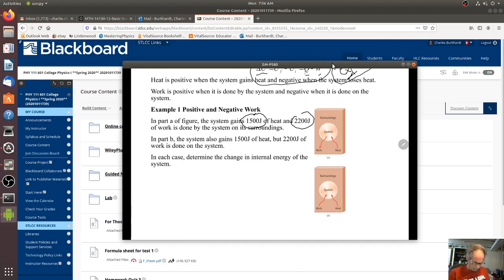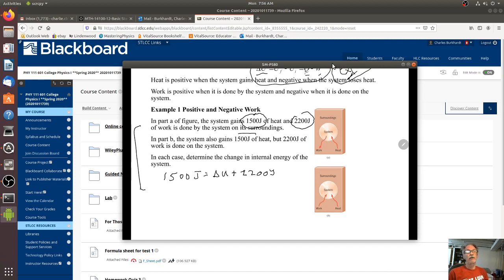What does the first law tell me about that? 1,500 joules of heat is equal to the change in internal energy plus the work done by the system on its surroundings, which is positive, 2,200 joules. This tells me how much the kinetic energy of the atoms in the system changed. Has this gas gotten hotter or colder? That'd be a good question.